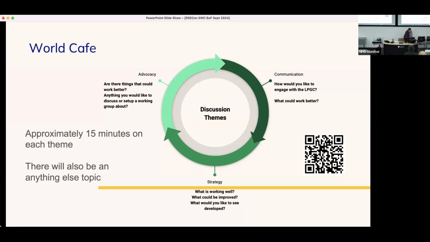There we go, open all rooms, they're assigned to a room. Yeah, 10 minutes per topic, because we're running slightly behind what I thought we'd run. So we've gone from 15 to 10.